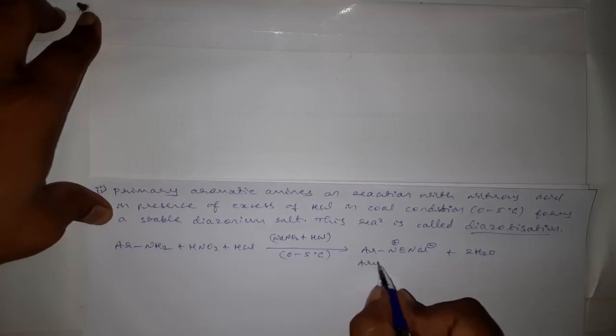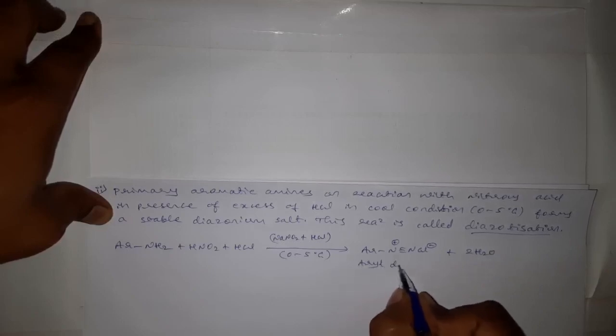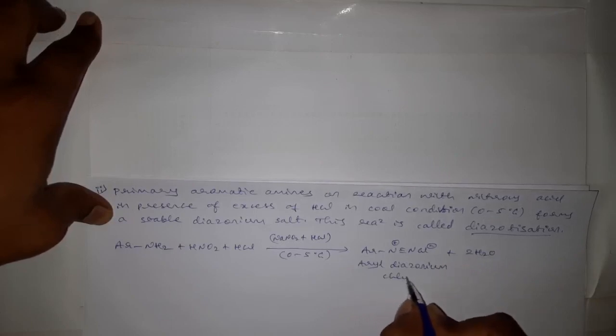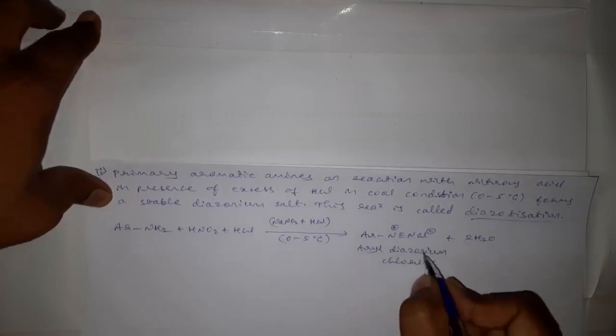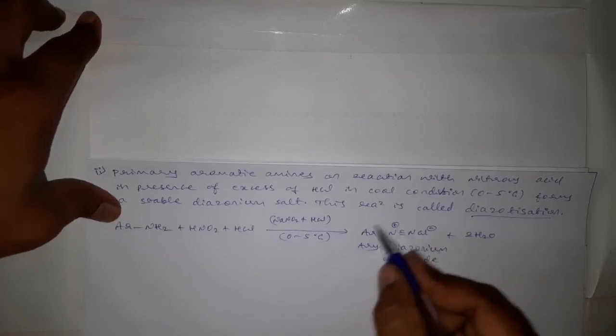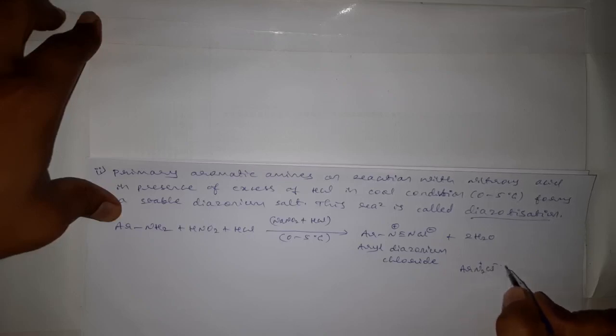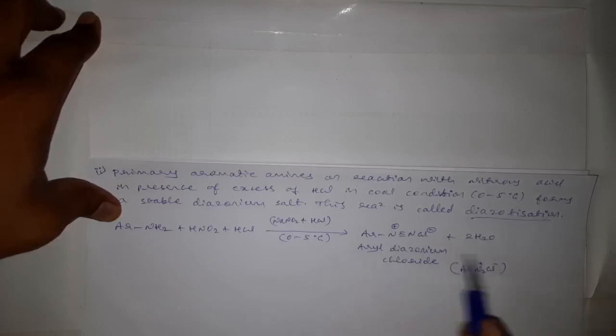This is called aryl diazonium chloride. This we can write as Ar N2 plus Cl minus also. These two are the same only.